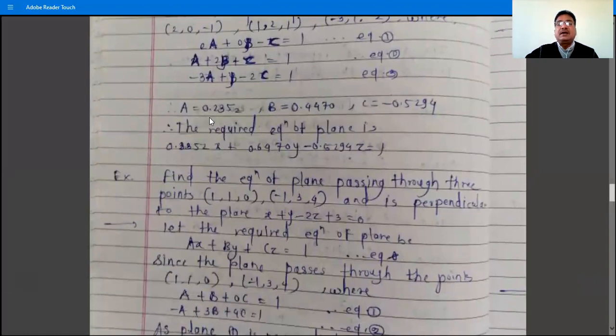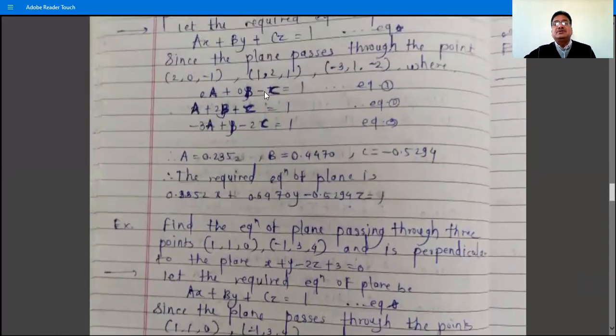Either write in decimal or in fractional form. In order to solve these three equations, either use the calculator or use the method of the previous year, that is, the Gauss elimination method. Form the augmented matrix and convert it to echelon form and find the solution of this system.